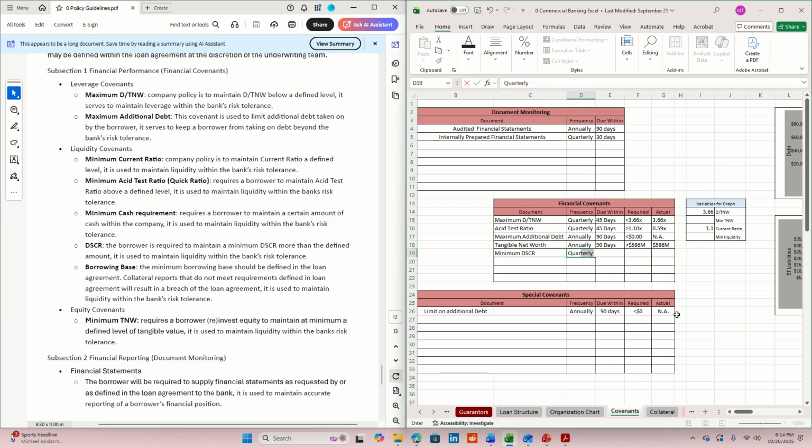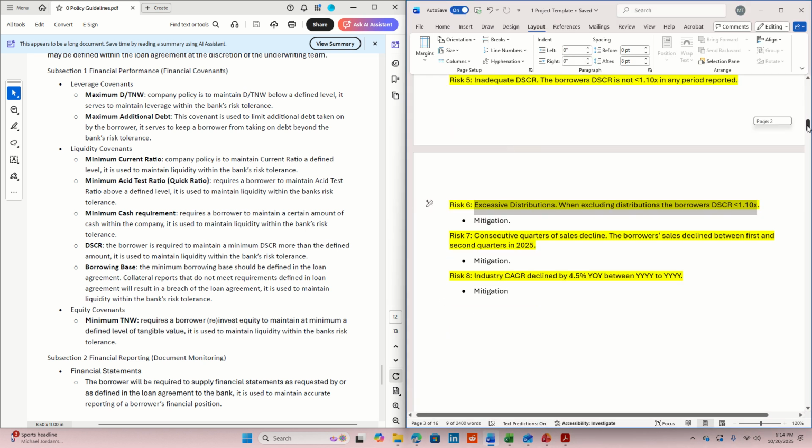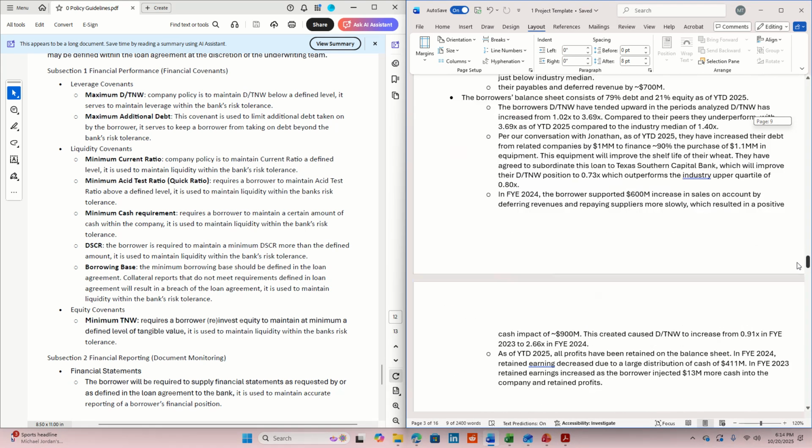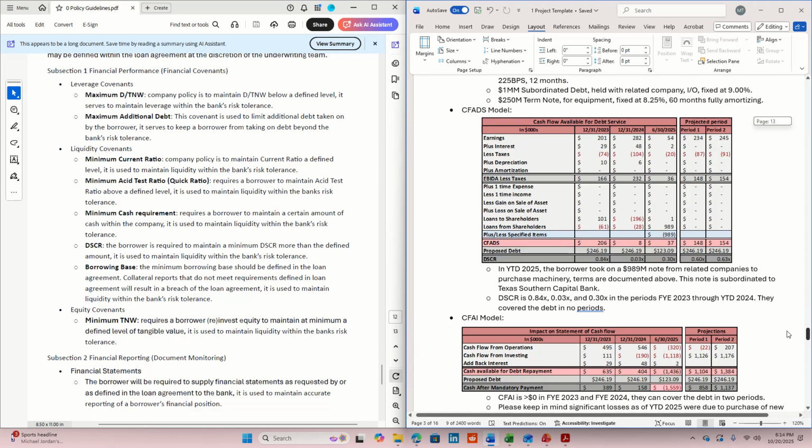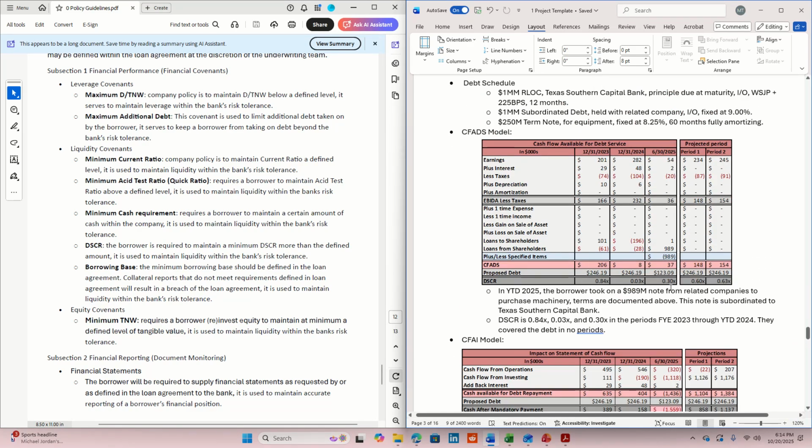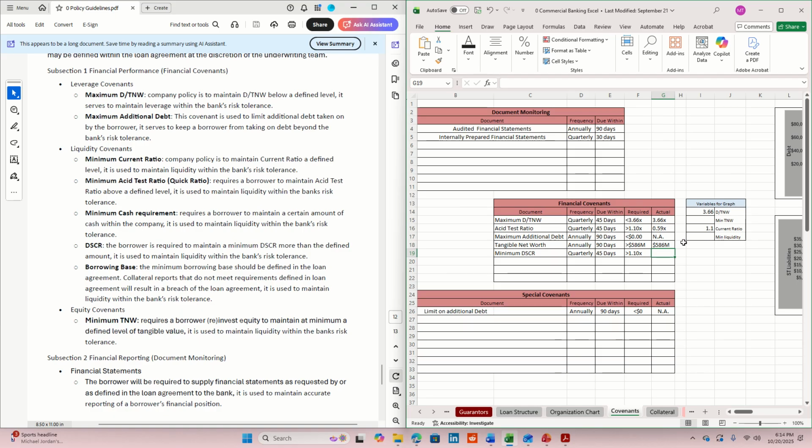And we'll test this quarterly, due within 45 days, greater than 1.10x. And right now the debt service coverage ratio is at 0.30x. Enter. So we'll get around to that.